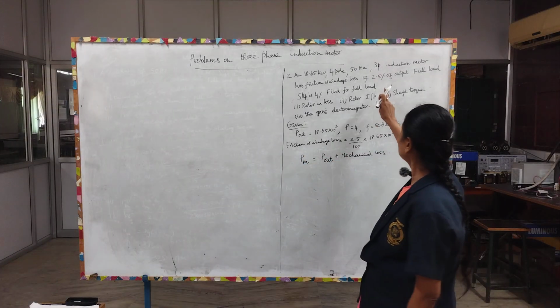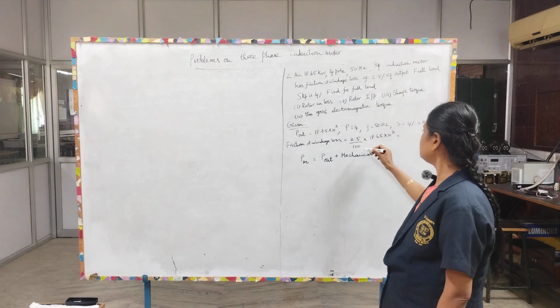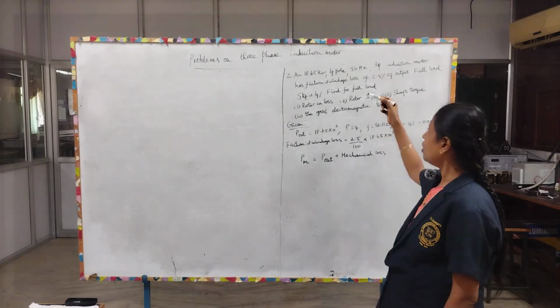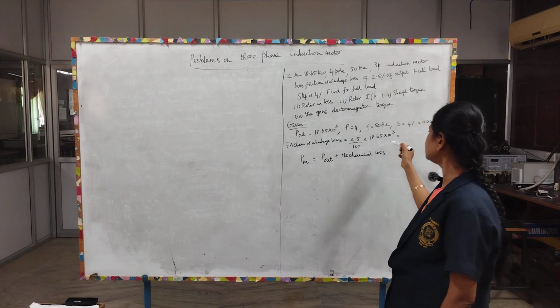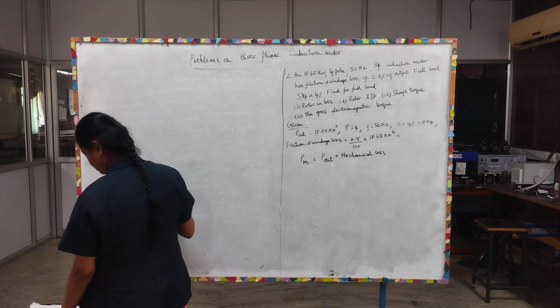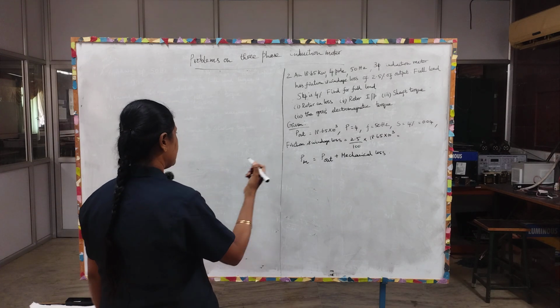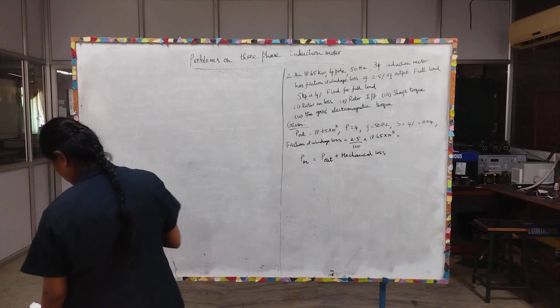So it is 2.5% of output. So we can write it as 2.5 by 100 into the output, which is given by 18.65 into 10 power 3. So if you calculate, you will be getting the friction and windage loss.